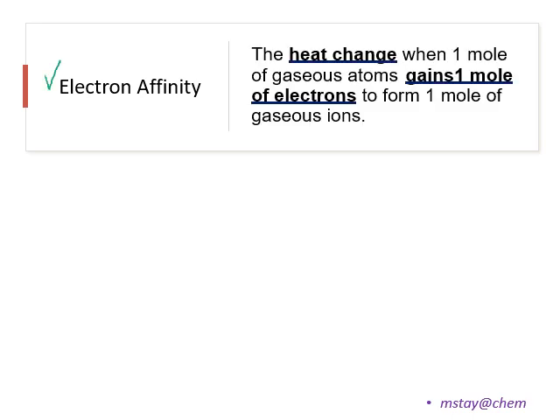Second last definition for the types of enthalpy, which is electron affinity. The heat change when 1 mole of gaseous atoms gains 1 mole of electrons. So the gaseous atom is the reactant, and after gaining 1 mole of electrons it turns into an ion.